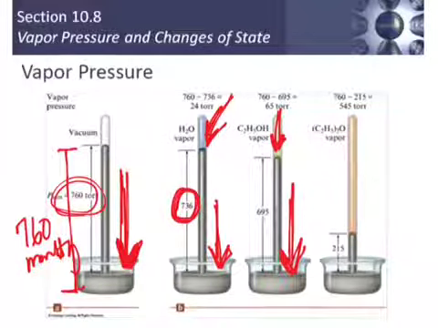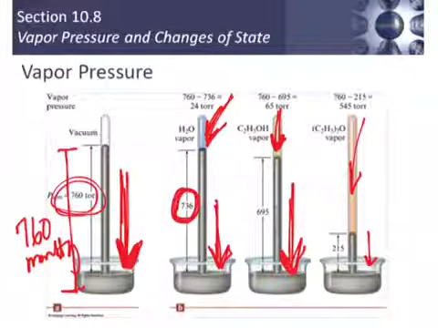And then you see diethyl ether. Again, you still have your atmospheric pressure, but the diethyl ether is really pushing back down on that mercury. And that difference is 545 torr. So very high vapor pressure. Okay?